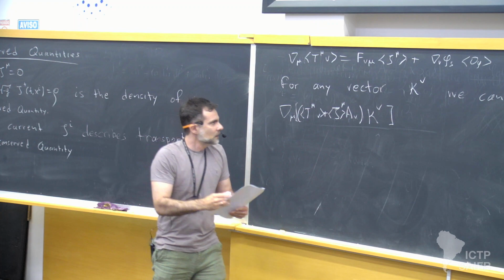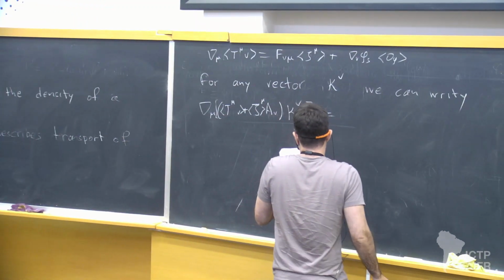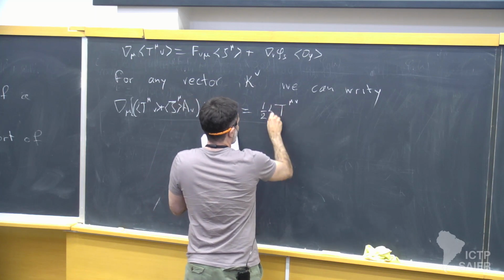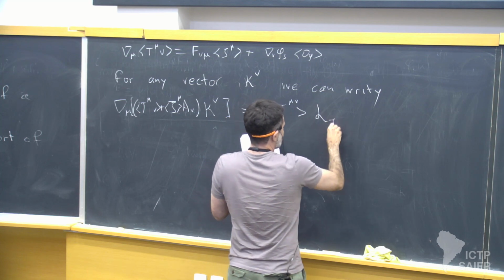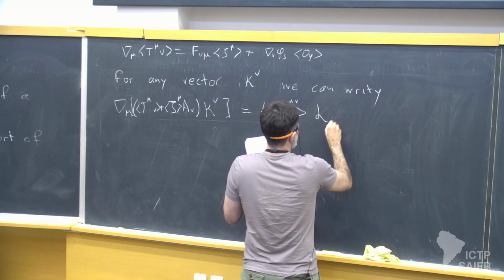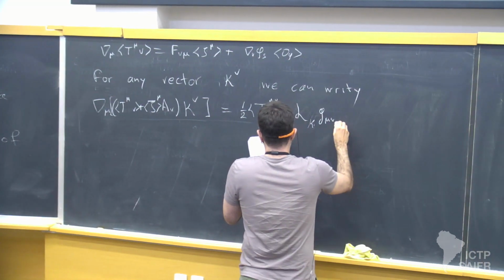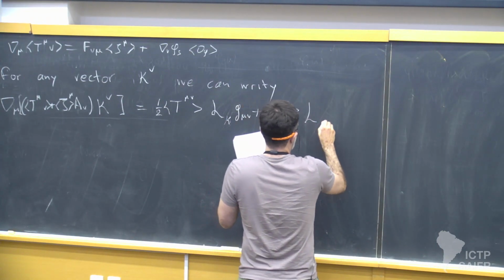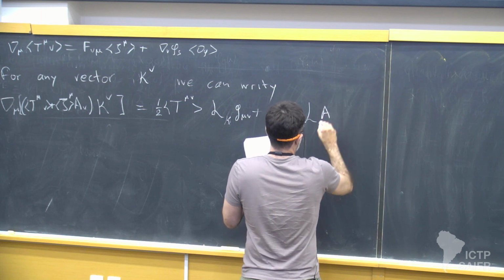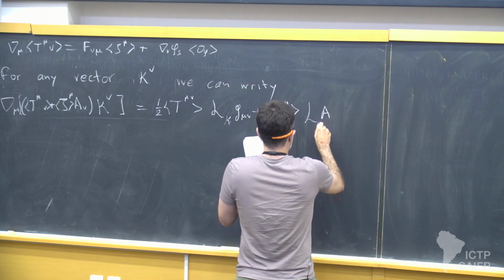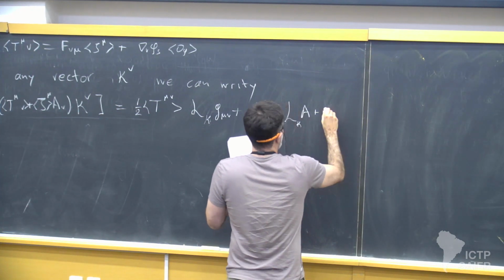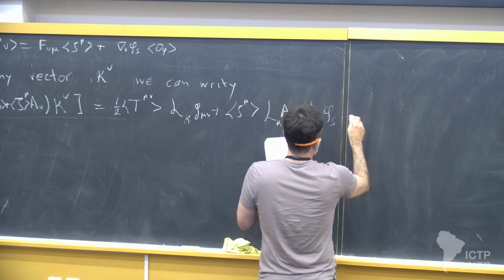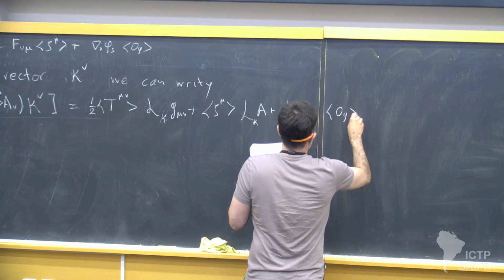So that's not dynamical. So then by using the Ward identity, I can write the right-hand side, which is equal to T^{mu nu}, the VEV, contracted with the Lie derivative of the background metric plus the expectation value of the current contracted with the Lie derivative of the external gauge field, the external vector source, plus the Lie derivative along K of the external source phi_s times the VEV of the scalar.